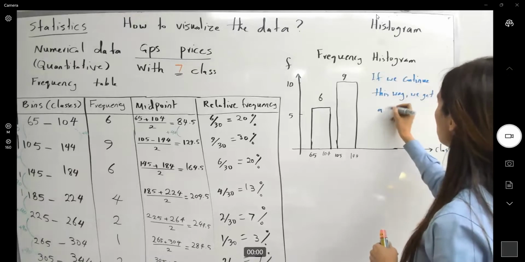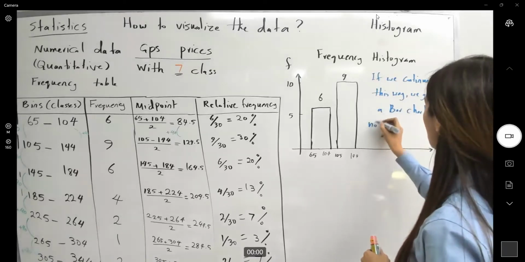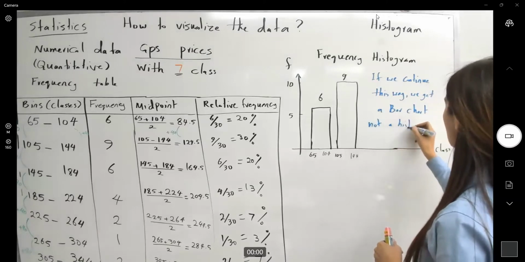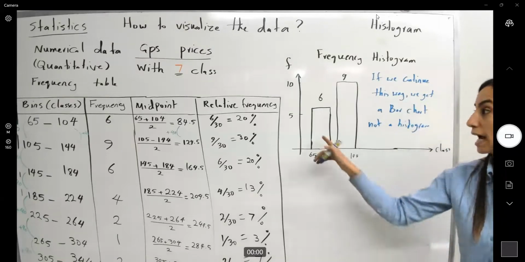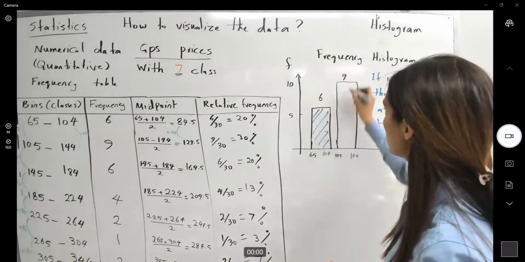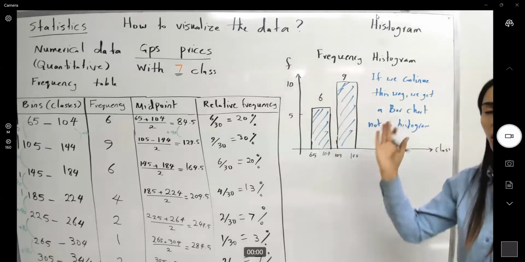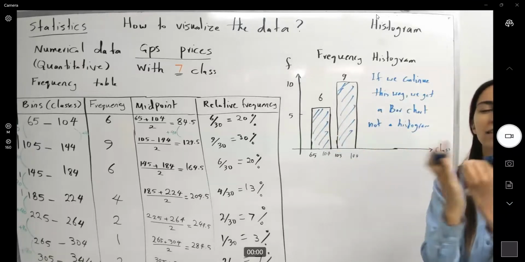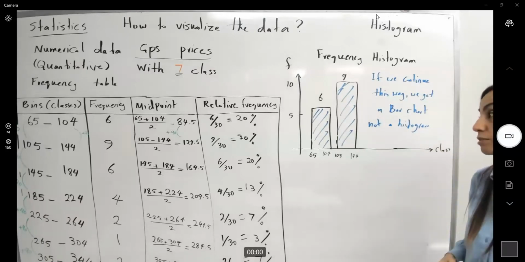we get a bar chart, not a histogram. In a histogram, there is no gap between bars. In a histogram, we don't have any gaps. All of those bars are attached together. So what's the solution? What's the remedy for that? Okay.